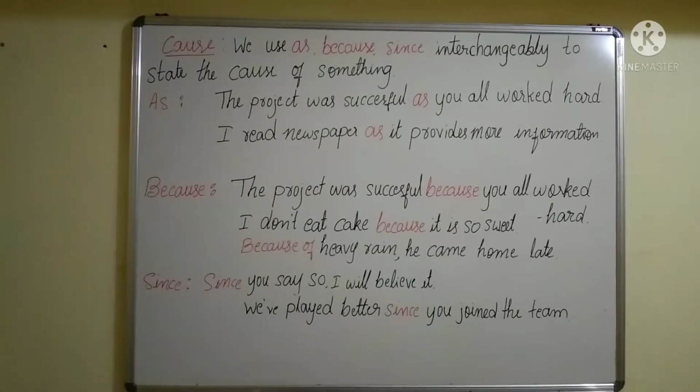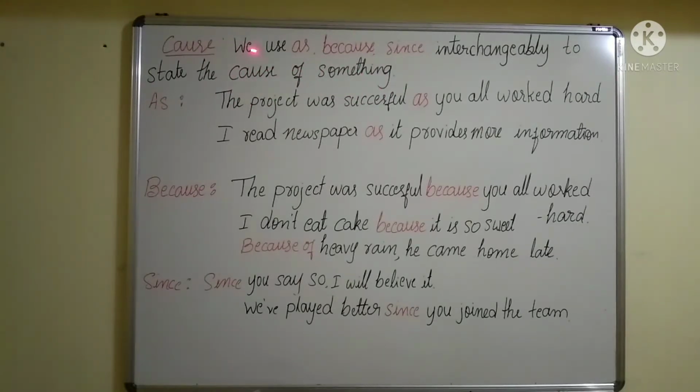Now, let's have a look at the cause-representing subordinating conjunctions. See here, cause. This is one of the subordinating conjunctions' functions. We use as, because and since interchangeably to state the cause of something.